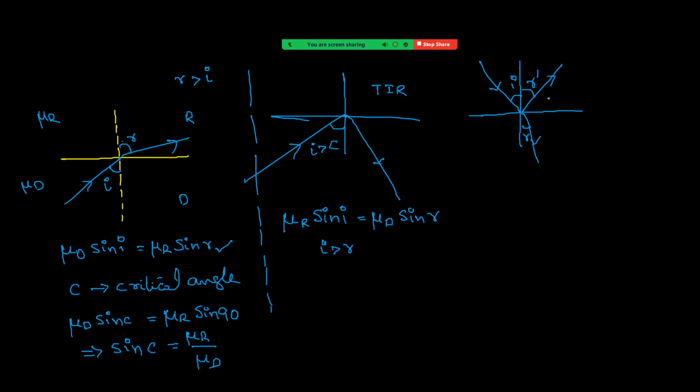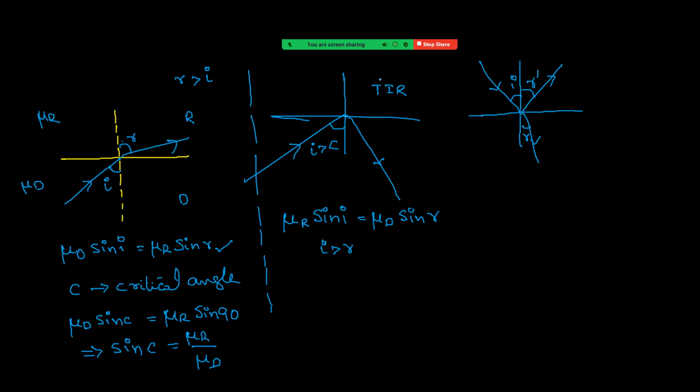So there is always reflection and refraction. But here, when light travels from denser to rarer medium and the angle of incidence is greater than the critical angle, there is only reflection, no refraction. When we compare these two cases, the difference is that there is always reflection and refraction, but in this case only reflection. That's why it is named total internal reflection.